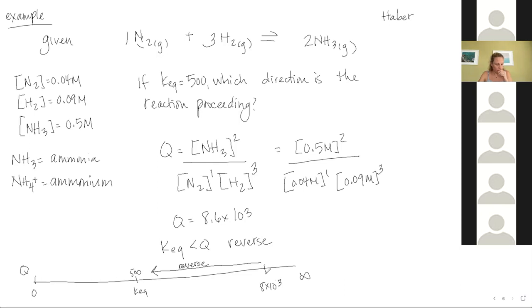So this KEQ is actually pretty high, and the reaction actually does favor products greatly over reactants. If we think about our KEQ being our quotient of products to reactants, then when we have a KEQ as high as 500, then we're greatly favoring our products.